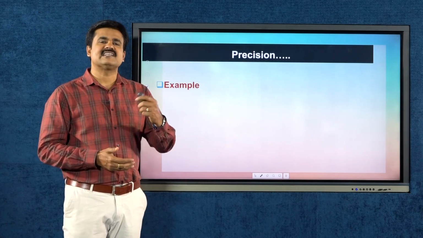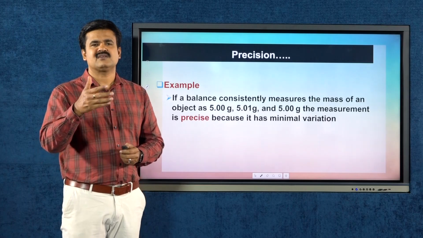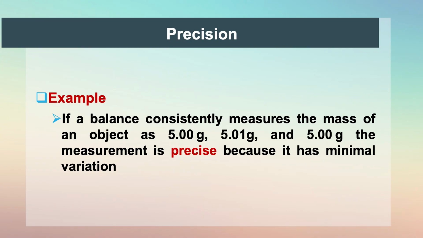Now, there is another example to repeat the concept of precision. If a balance consistently measures the mass of an object as 5.00 gram, 5.01 gram and again 5.00 gram, the measurement is precise. Why is this set of measurements precise?